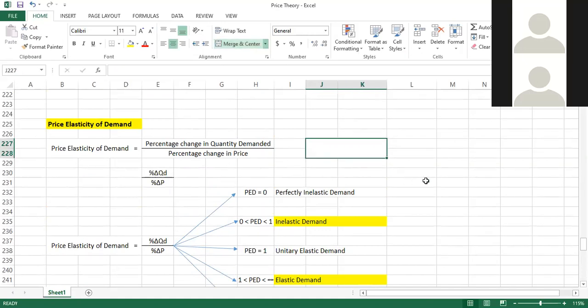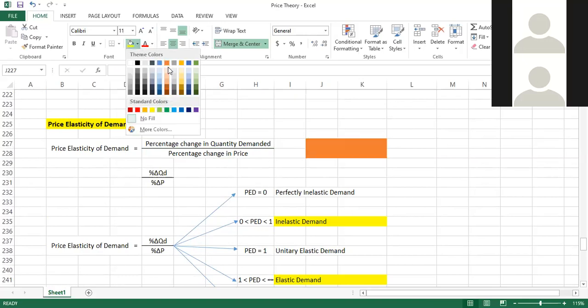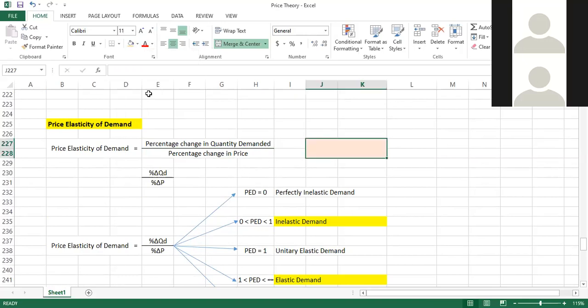When the price of one product changes, we want to measure the change in quantity demand. Negative. Always the price elasticity of demand will be negative.